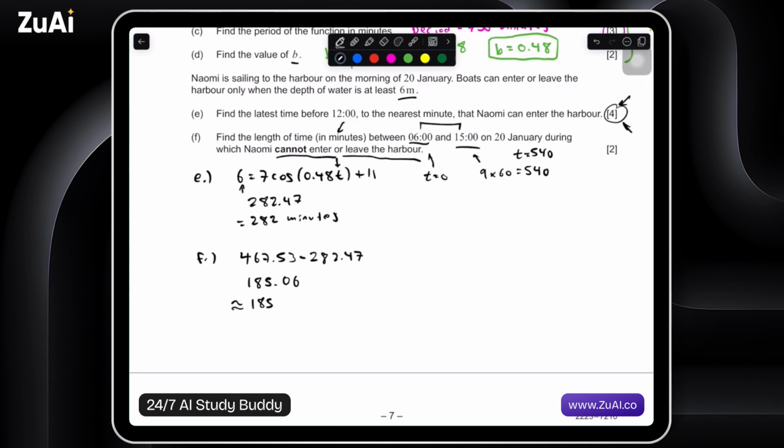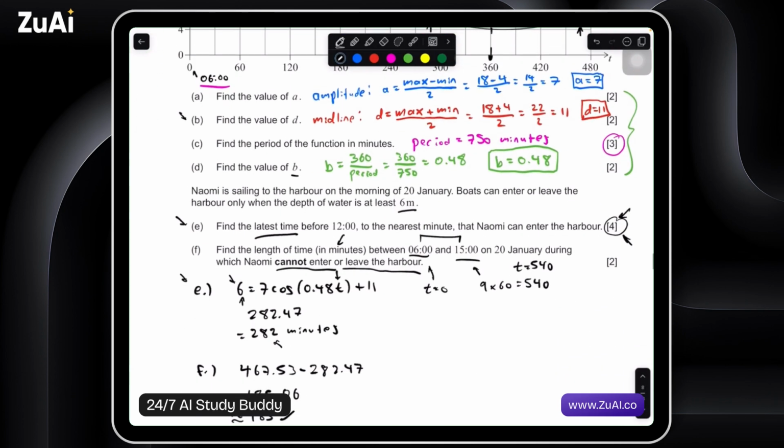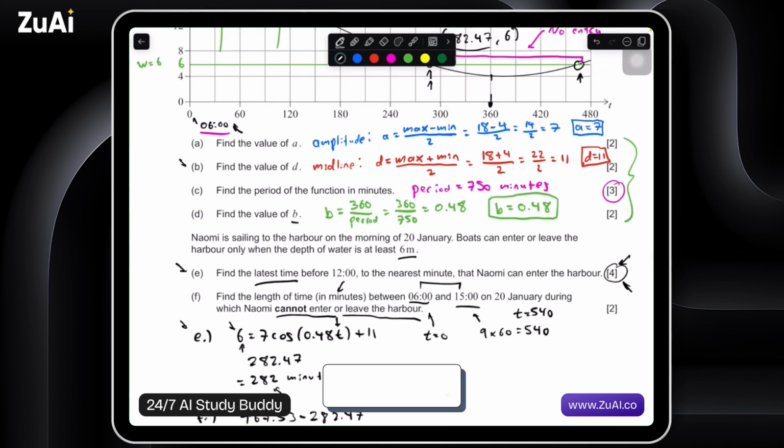Here we need to graph it, of course. We need to set it equal to some value, and then we need to round this down to minutes. But they're asking for the latest time, not the total time that has passed. So 282 minutes. So just to go back to E here, this is all good right here, but E we need to do a little more work on. 282 minutes have passed. We know 6 in the morning is where we start, right here.